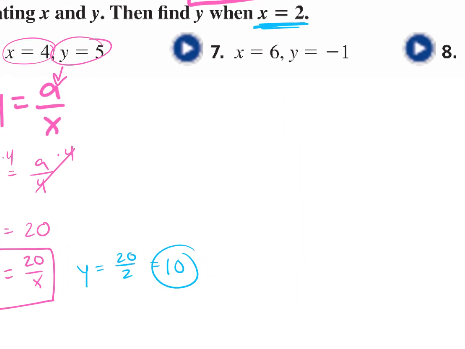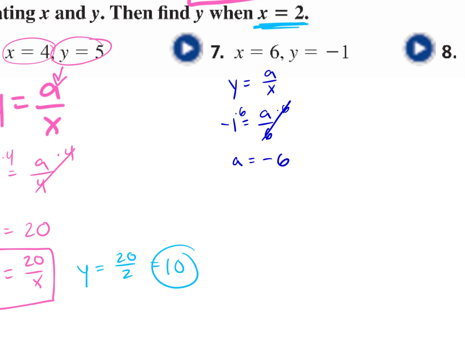All right, let's look at 7. So I'm going to start with my equation. Y is equal to what? A over x, because it varies inversely. So let's plug in our x and y. We have negative 1 is equal to a over 6. So how would I find a? Multiply 6 on both sides.